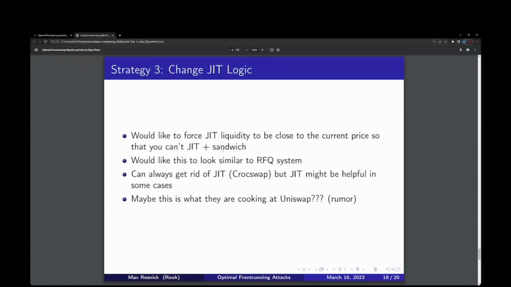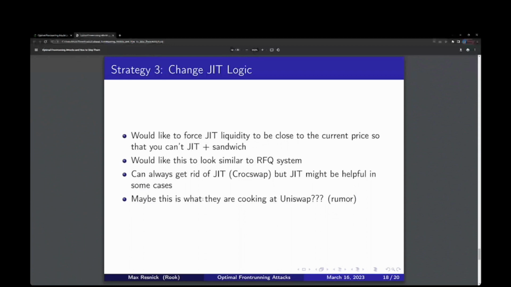So maybe there's something you can build that looks like an RFQ system where the just-in-time attackers are competing on closeness to the price P star. In other words, they're undercutting each other in some sort of auction that looks like an RFQ system. Now, there's some speculation that this is what Uniswap v4 is going to be. This is very much a rumor.